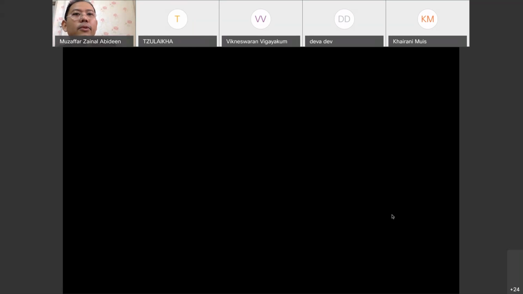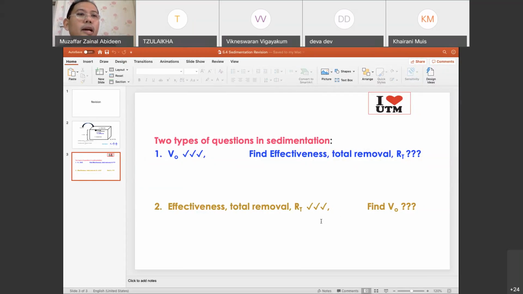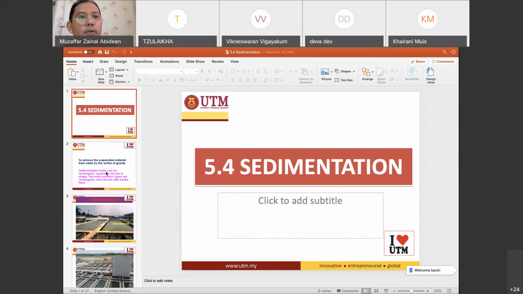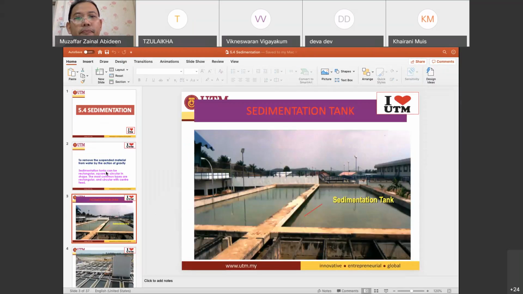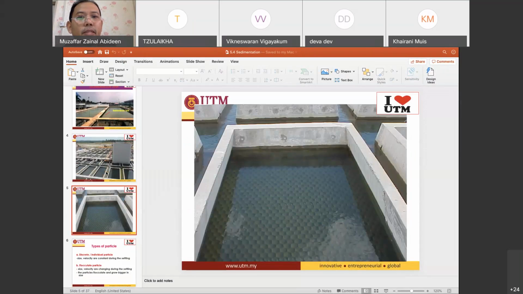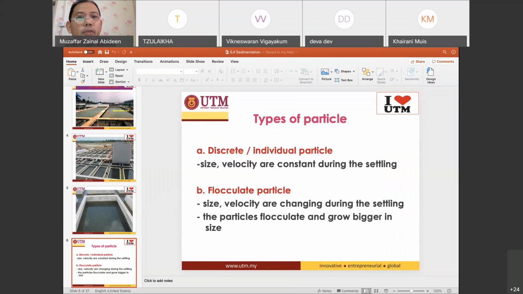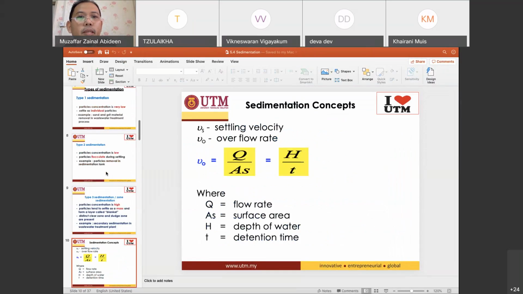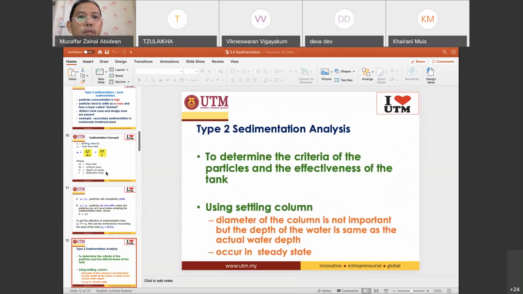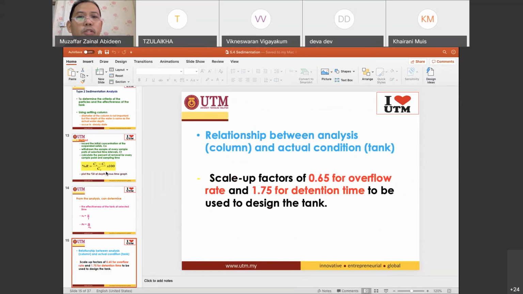So how do we? Okay, now we look at our sedimentation slides. This is a picture of sedimentation. Those are the equations. I just want to remind you on the equations. Remember the scale up factor.